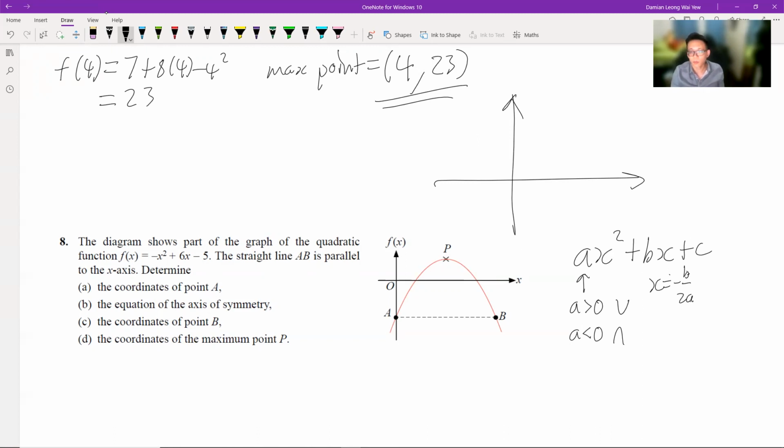If both positive or both negative, it's on the negative side, because the sign originally is negative and wouldn't change. So same sign will be on the left, different sign will be on the right. That's how we can see the b value. And if it's 0, it means right in the middle. If there's no x term, it'll be right at the center.